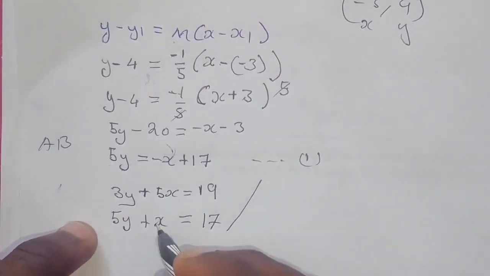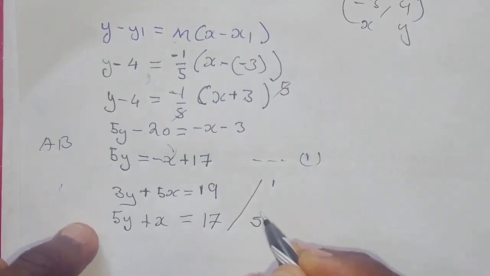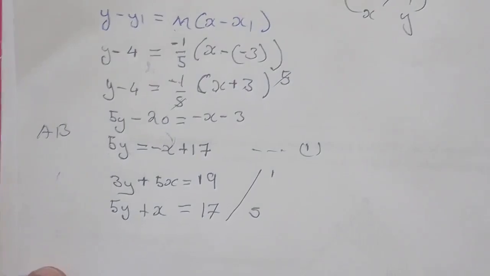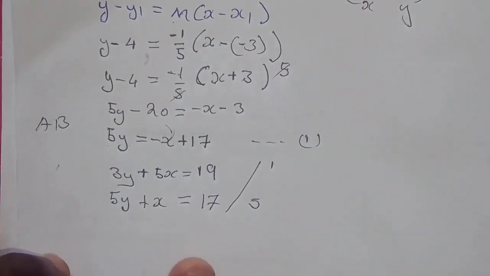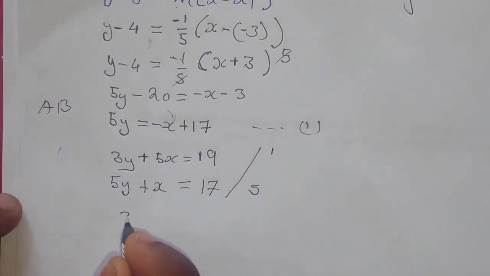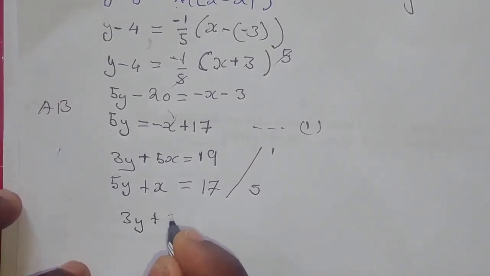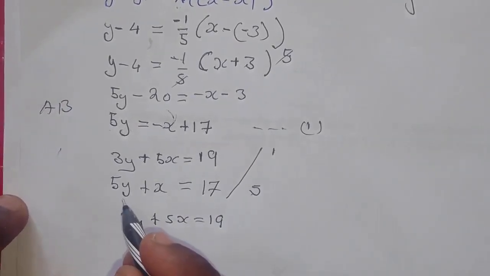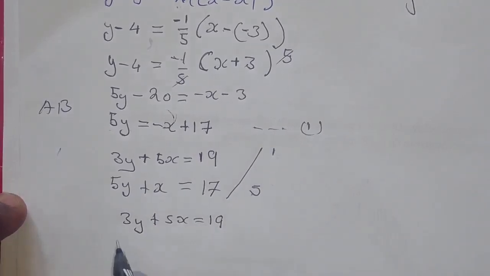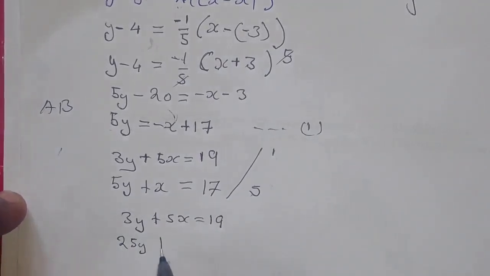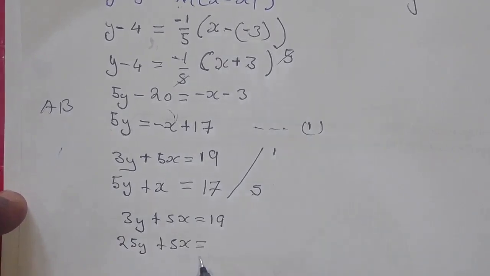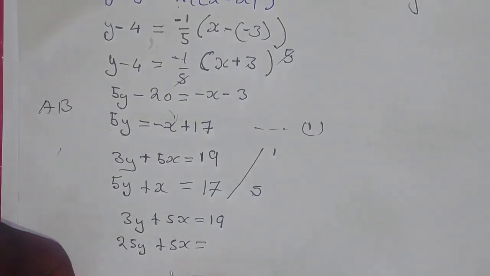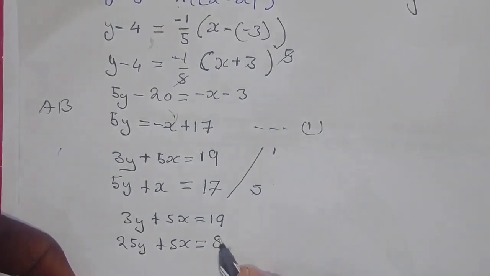So we have 1 here, we have 5 here. 1 multiplied by everything on top will remain the same, so we have 3y plus 5x is equal to 19. Then 5 multiplied by 5 is 25y plus 5x is equal to 17 multiplied by 5, which will give you 85.